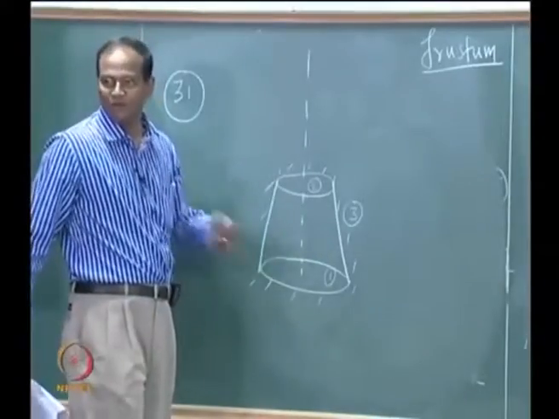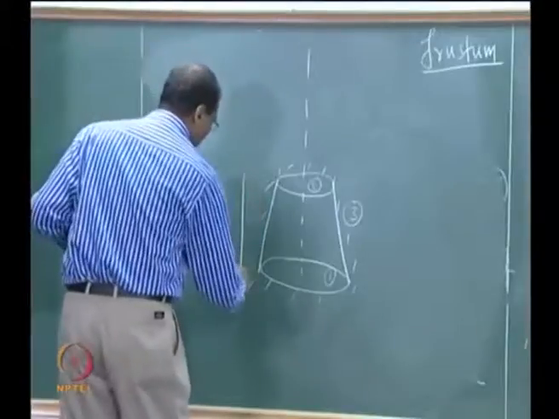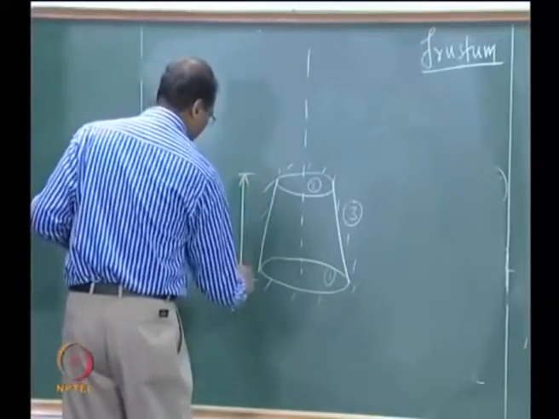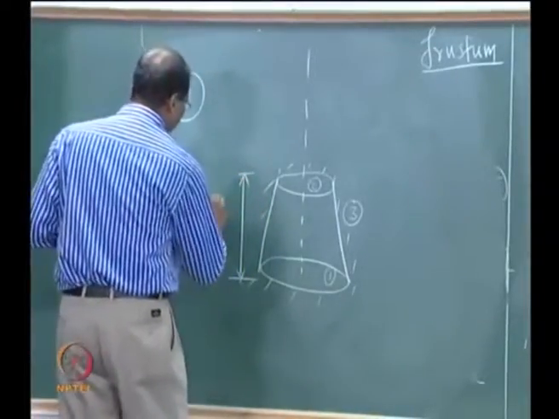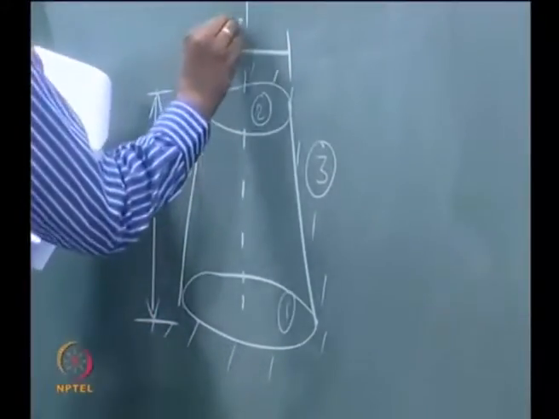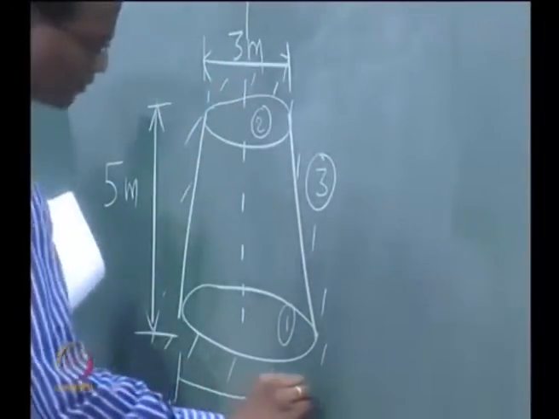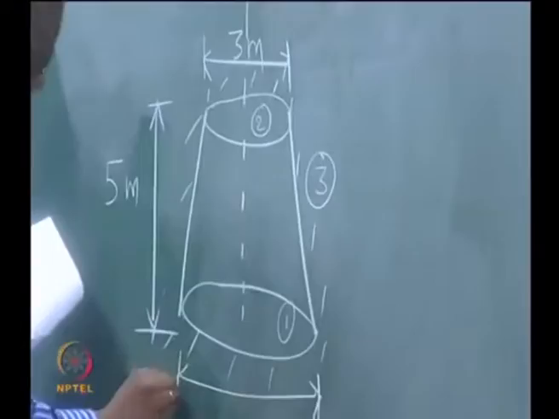We will solve for radiosity and get the heat flux, but now we are interested in the view factors. Now this height is 5 meters, this is about 3 meters, and this is about 4.5 meters.